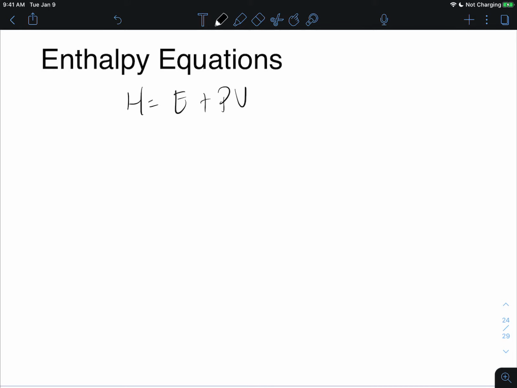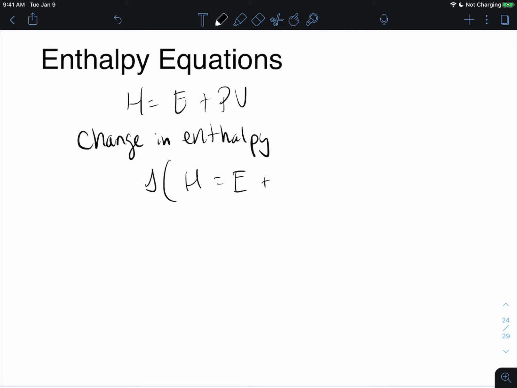And then if we want to look at a change in enthalpy, which is what we almost always look at, we're going to take that delta and apply it to this equation, and what we get is delta H equals delta E plus P delta V. Pressure, again, is constant.